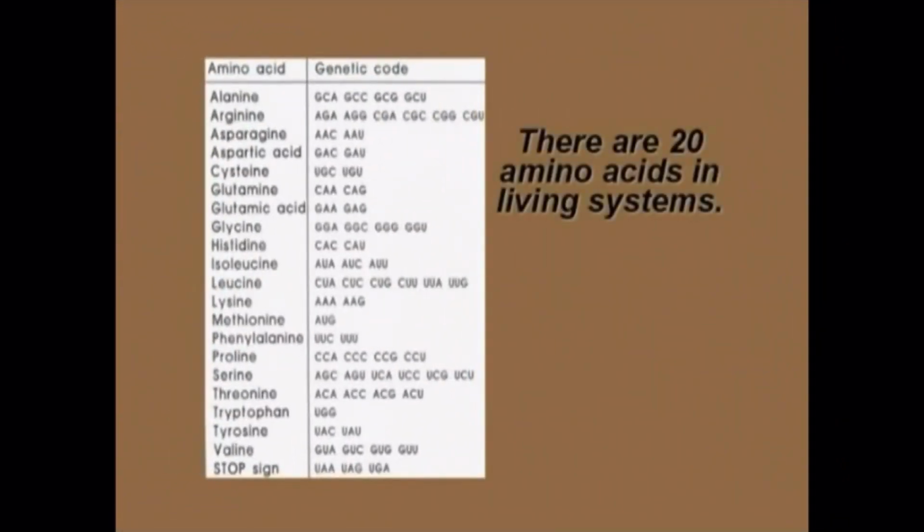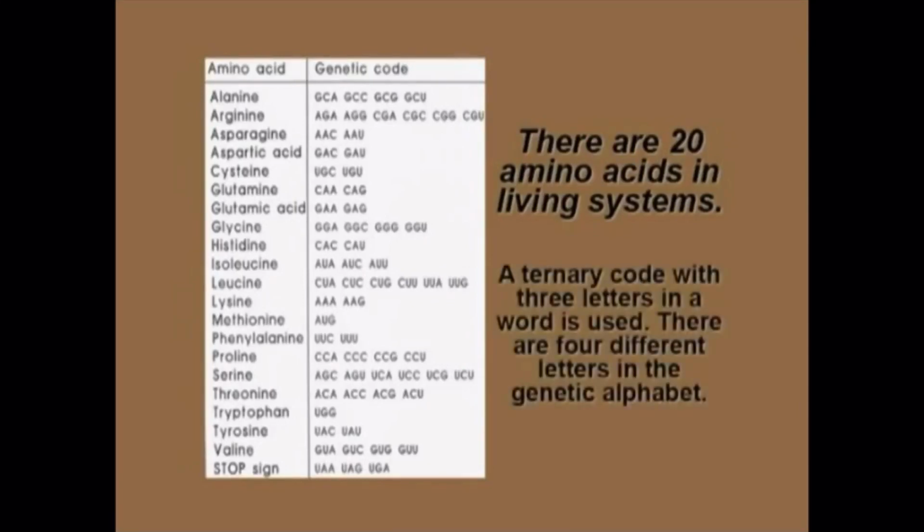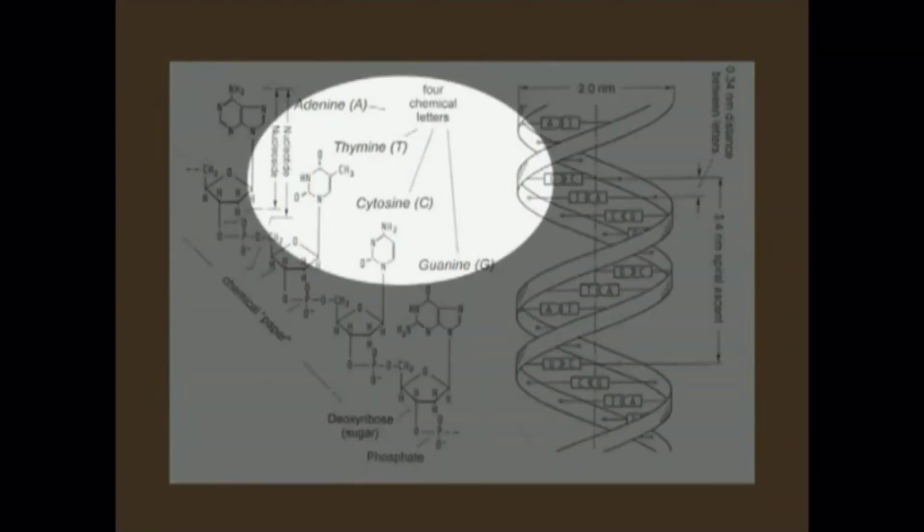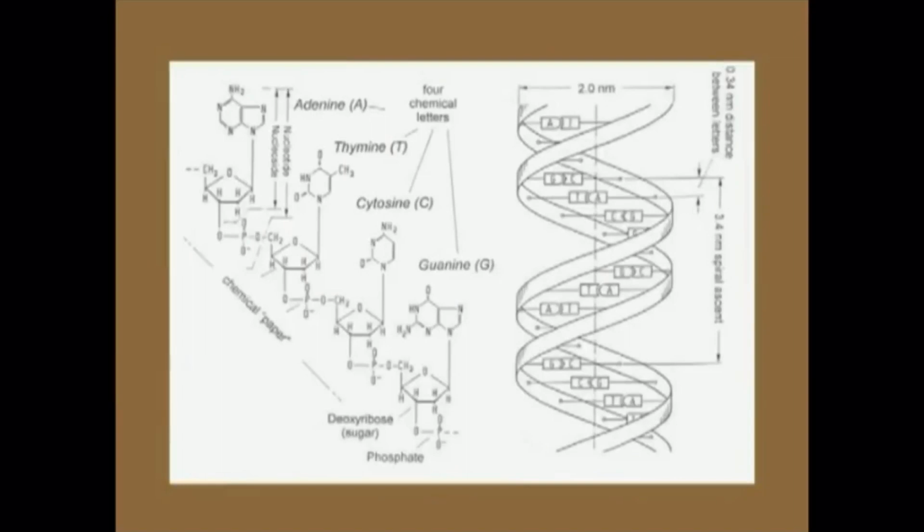On this picture, you see the 20 amino acids and the genetic code. One word has 3 genetic letters. It is a ternary code with 3 letters in a word. There are 4 different letters in the genetic alphabet. You see here the chemical formulas of the 4 letters, and once again the DNA molecule.